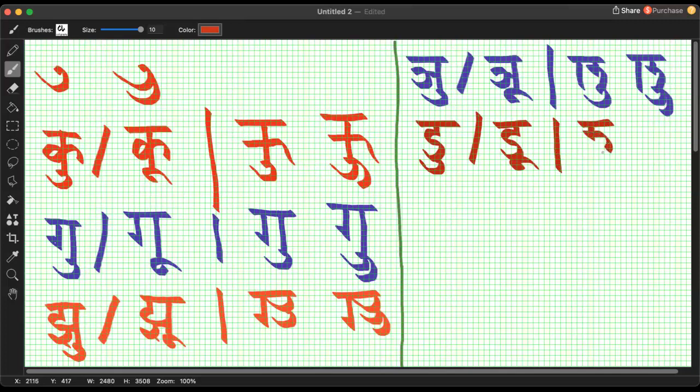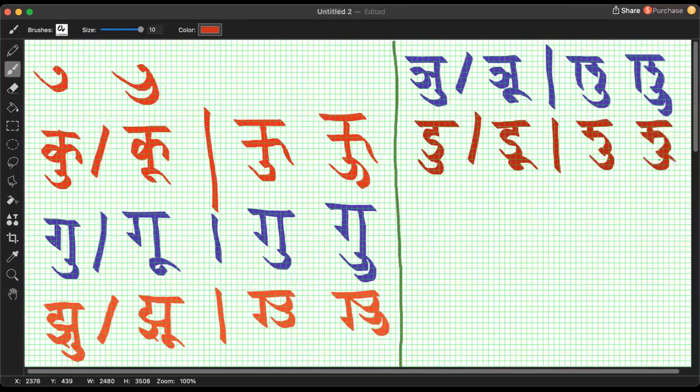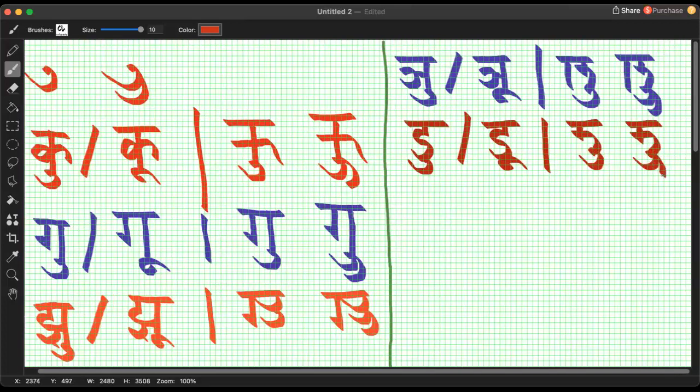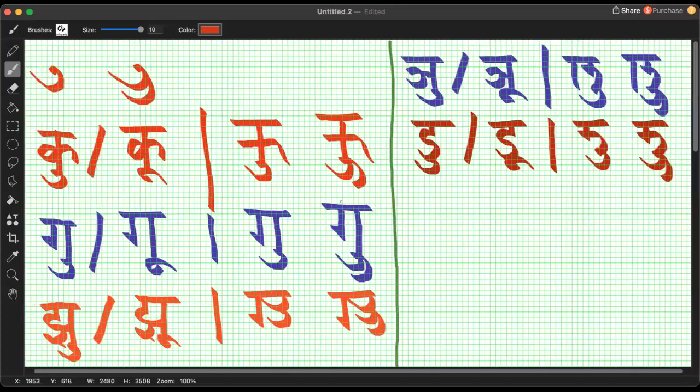And from here, I will make this O matra. This is do, and do.